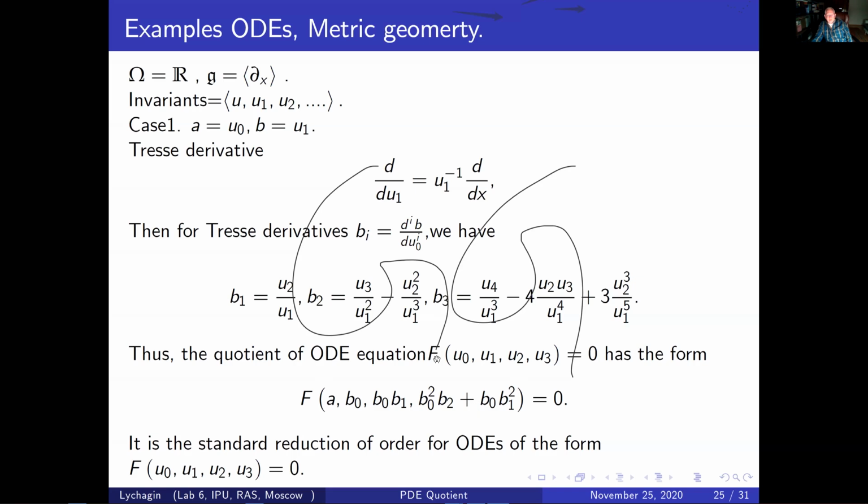So in some sense, this is a way of getting from an equation of third order an equation of second order. We studied this trick at school, when we learned how to reduce the order of an equation if our equation doesn't contain x, and contains only derivatives.